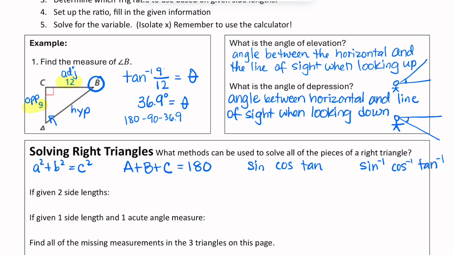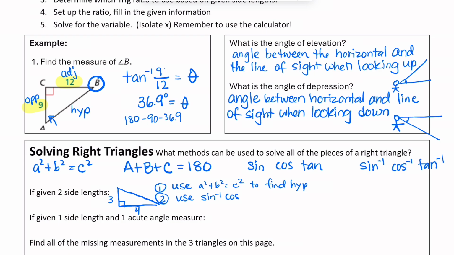So if we're given two side lengths, let's say we're given 3 and 4 here, and that this is a right angle, first we could use a squared plus b squared equals c squared to find the hypotenuse. Then we could use one of the inverse functions to find one acute angle.